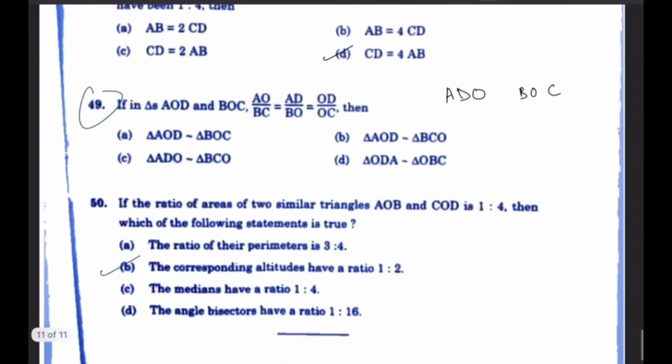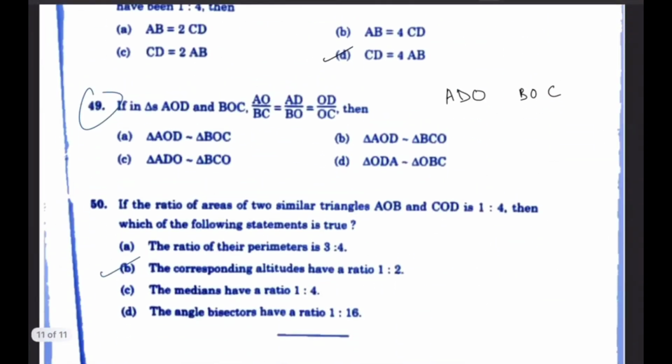Yes, number 49. Not sure if this kind of corresponds in any manner to if they have actually written the corresponding parts, because AO corresponds to BC. Okay, then AD has to correspond to BO. So if we have to do this and AD and BO, then OD and OC, I think they are saying.